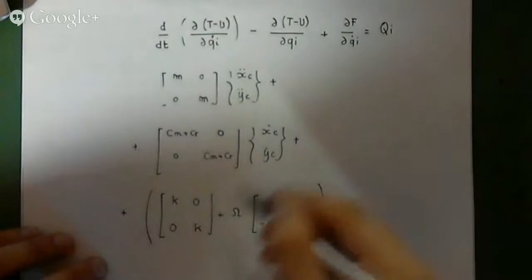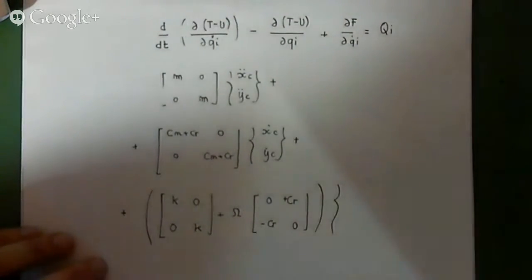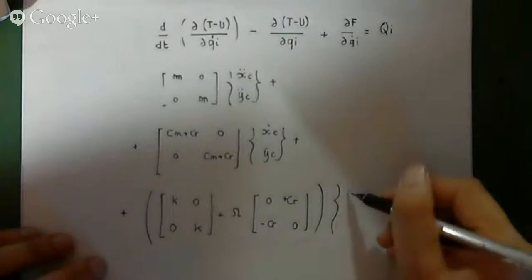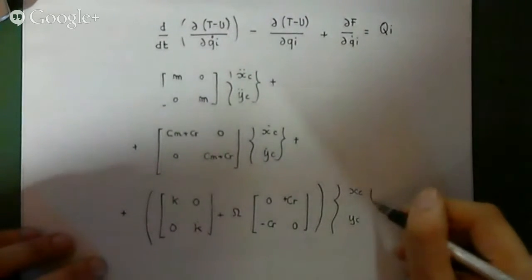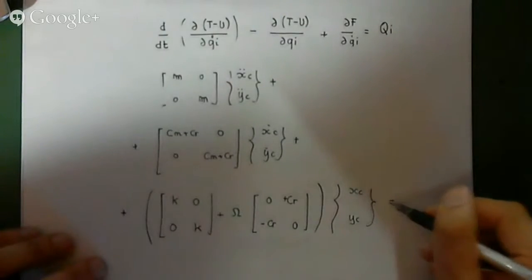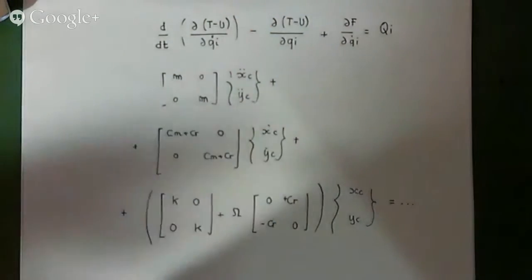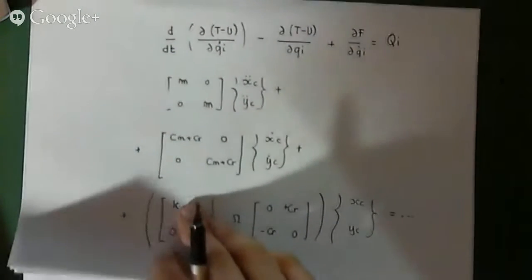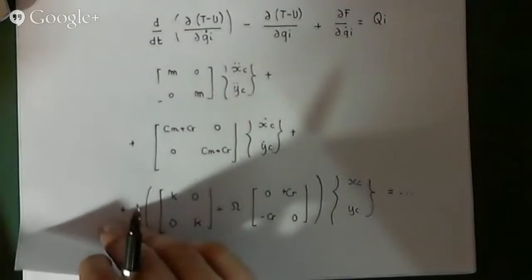This is the circulatory matrix that corrects the simple stiffness, and all this matrix multiplies xC and yC. All this is equal to the second part that contains the force terms due to imbalance and due to external forces.